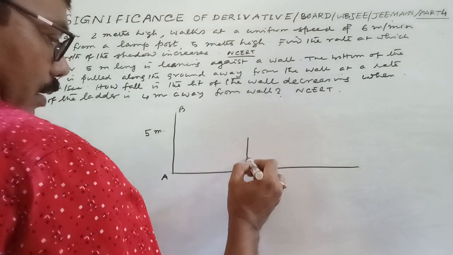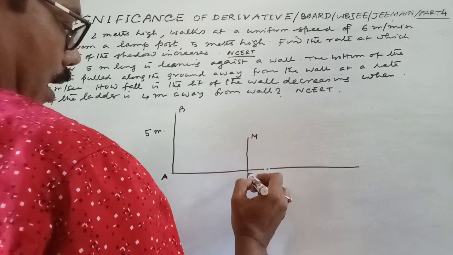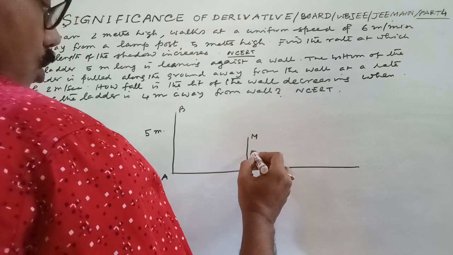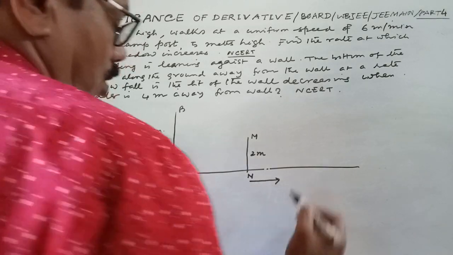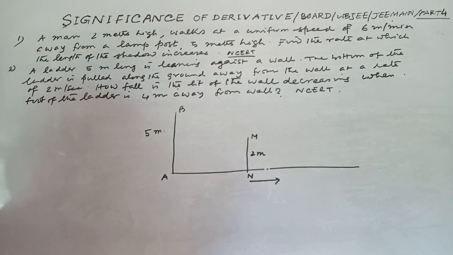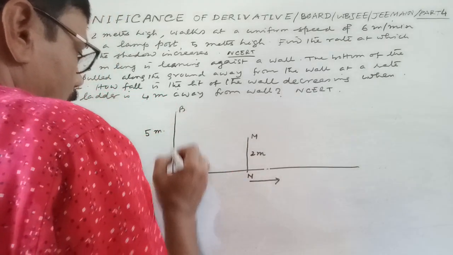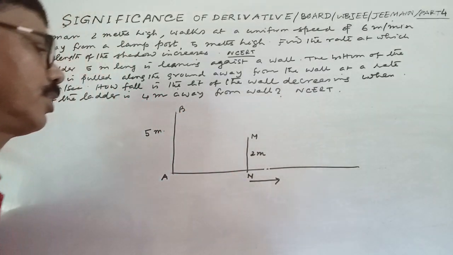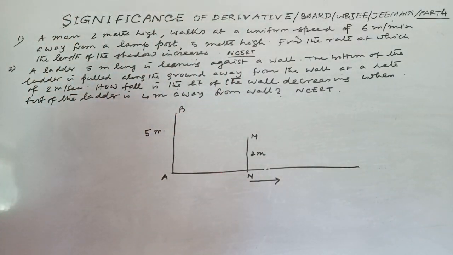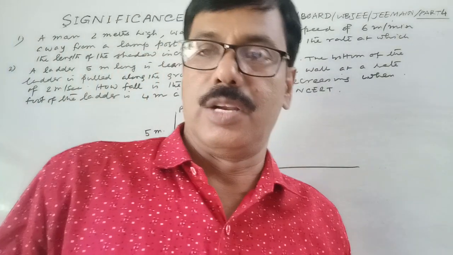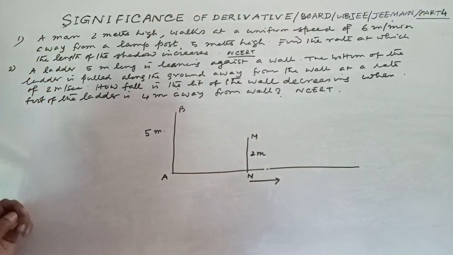So this is the man, MN, of height 2 meters, and he is walking away from the lamp post. Now this is the man and this is the lamp post, the source of light. So we know the shadow of the man will be in the opposite direction of the lamp and it will be on the road.